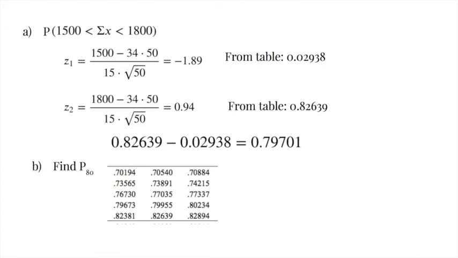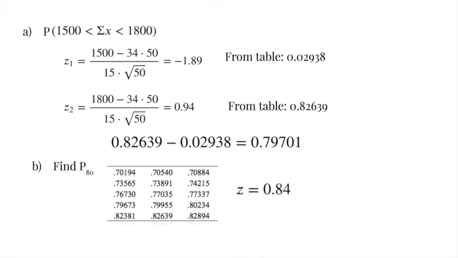Looking at this portion of the table, I know you can't see the left side column or the header at the top, but the value 0.79955 is the closest value that we have, and it's pretty close, within 5/10 thousandths of the true value. So that's the one we're going to go with, and that gives us a z-score of 0.84.